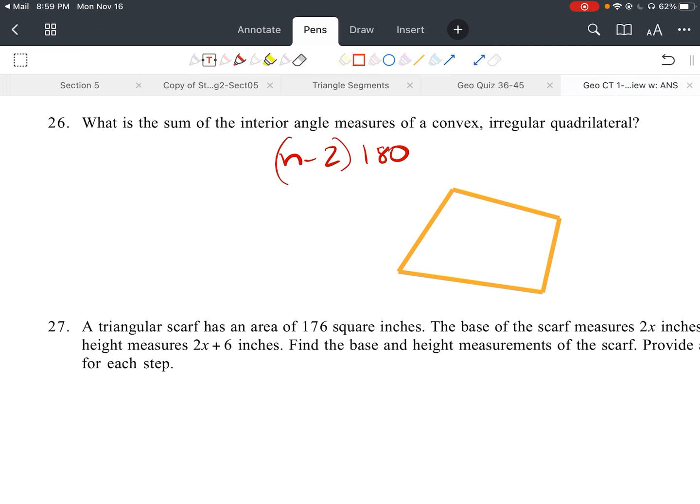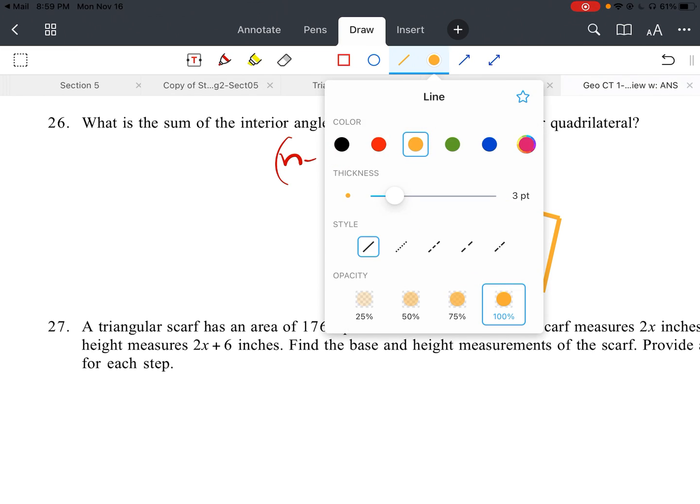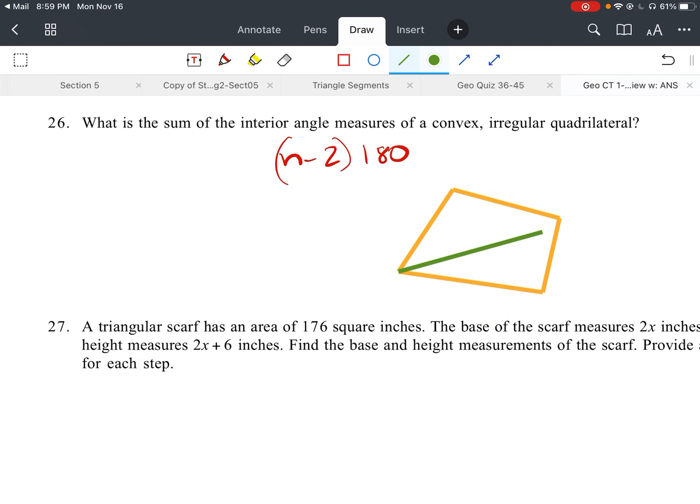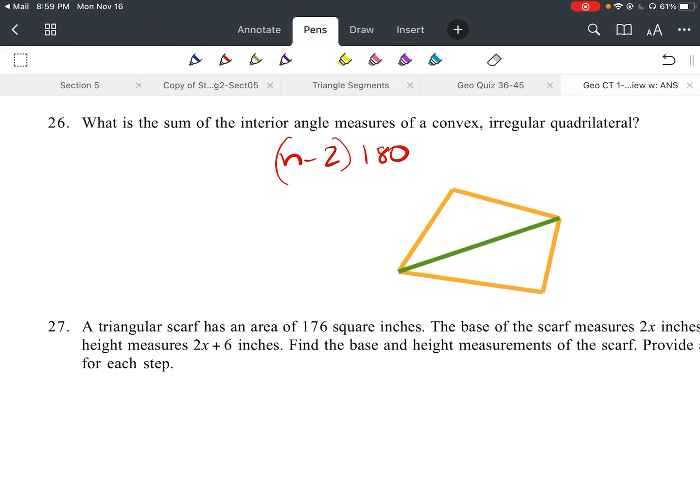Now, what you can do here is draw in a diagonal to make triangles. Draw in as many diagonals as you need to fill up triangles. Now, how many triangles do I have? There are just two, and each one has 180 degrees of angle measure inside this shape. So all the interior angles total up.